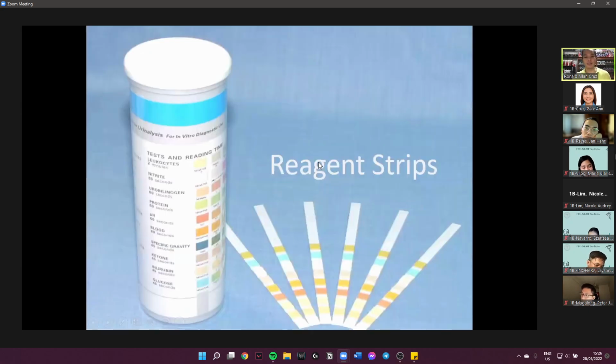These are your reagent strips. This is also used in the lab to determine a few of your chemical properties in the urine. Here you have your WBCs, nitrate, urobilinogen, protein, pH, etc. What you do is you dip the reagent strip in your sample.